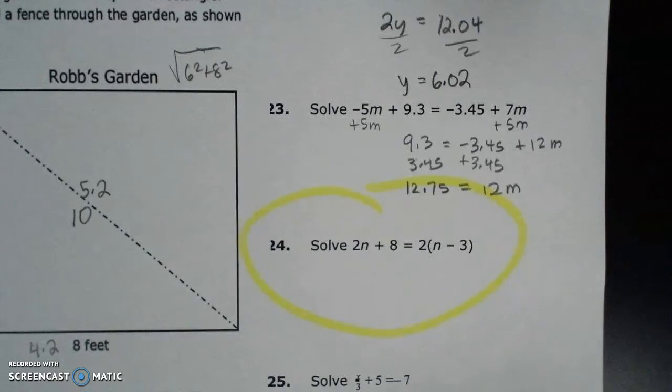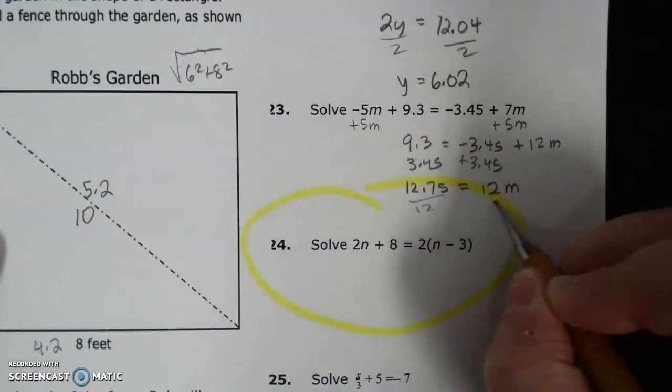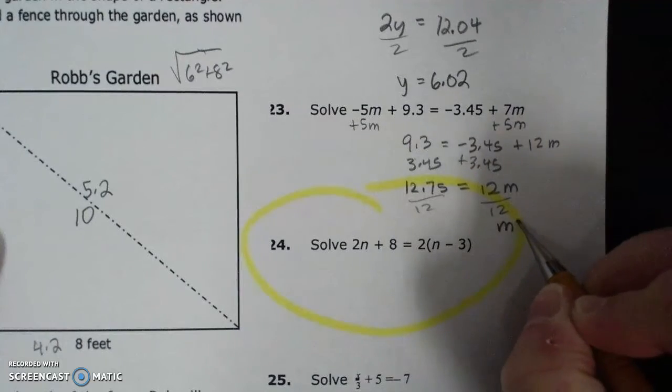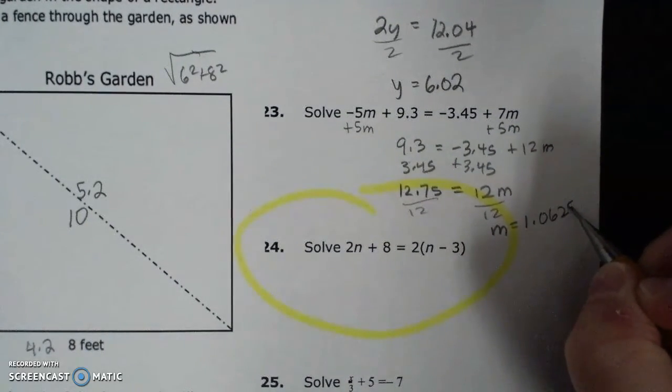Divide both sides by 12. M equals 1.0625.